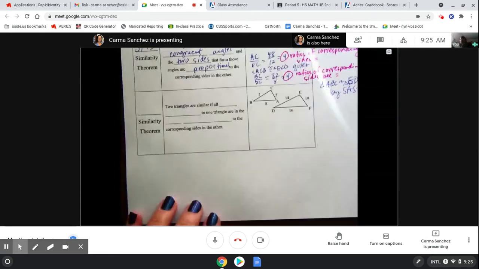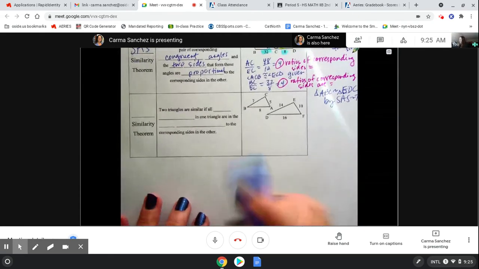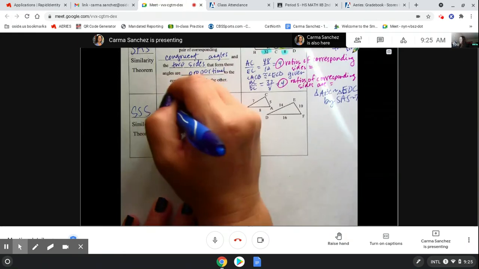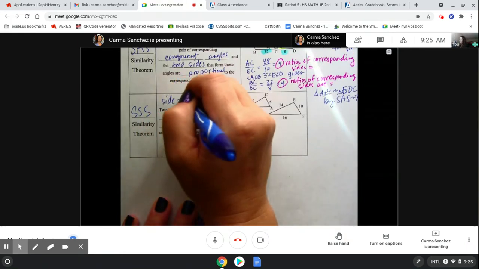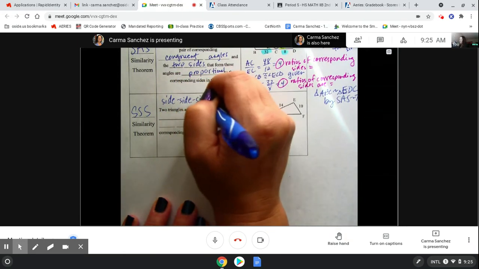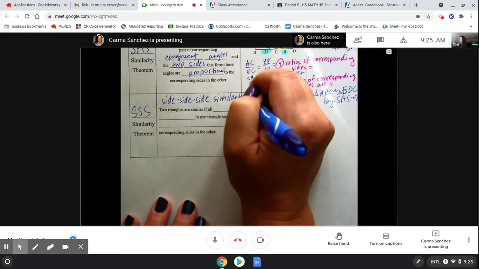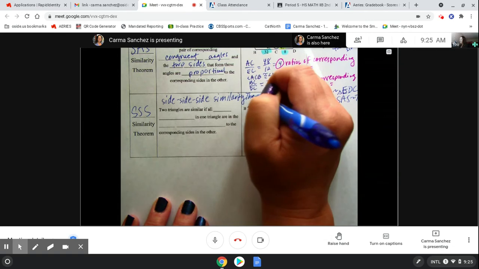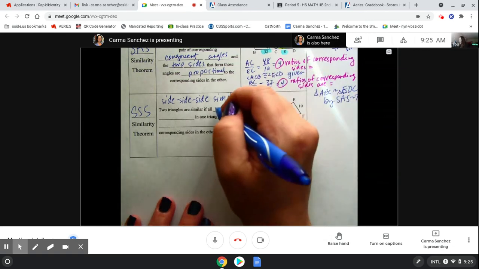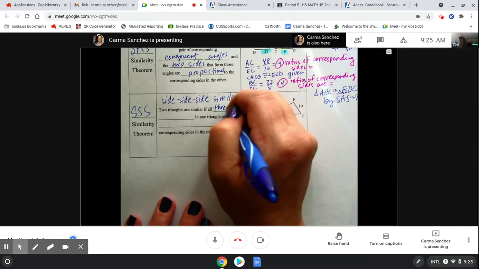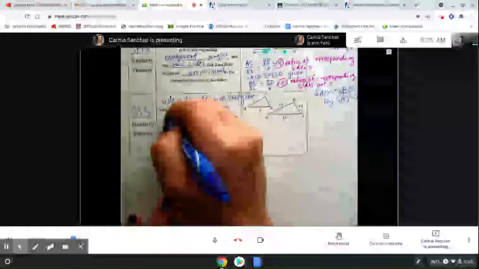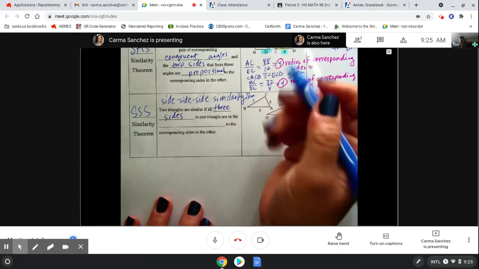All right, last but not least, let's go down here and do the last one, side, side, side similarity theorem. It uses the proportion of 3 sides.